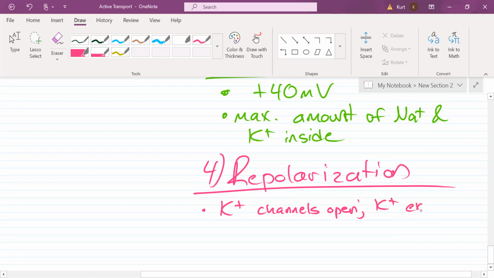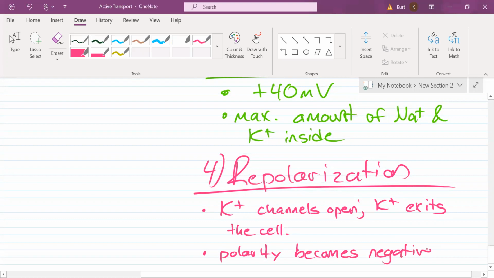Potassium exits the cell. The polarity or the charge becomes more negative. It decreases. So you're going back down.